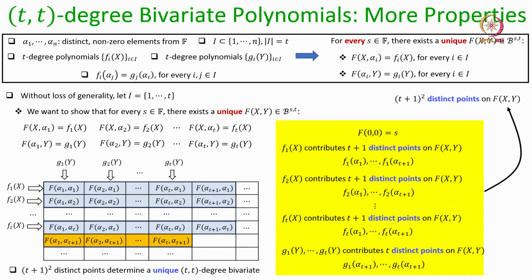So, just to quickly recap, in the last lecture we had seen an important property of t degree bivariate polynomials.